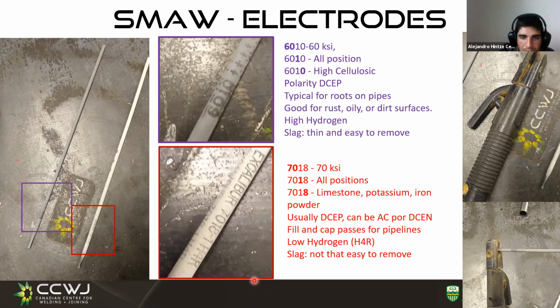And if we look at the very end, we also have a code for when we have hydrogen requirements. If you want to be in the welding field, you at least have to know how to read these electrodes. You don't have to memorize them by heart, probably, but for the quiz you need to, and it's important to know that these numbers are not random, they mean something, right?